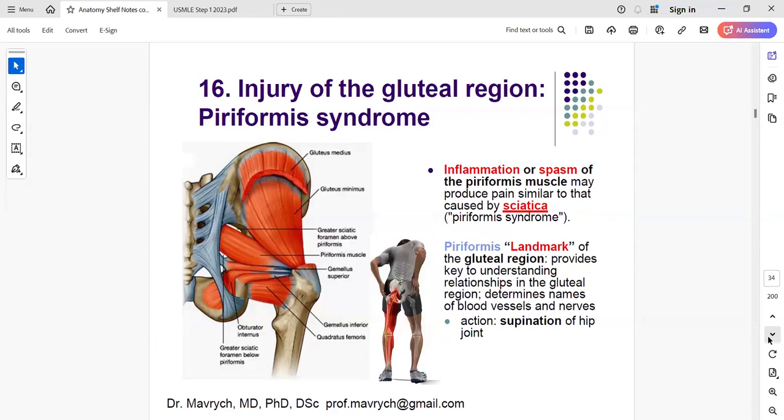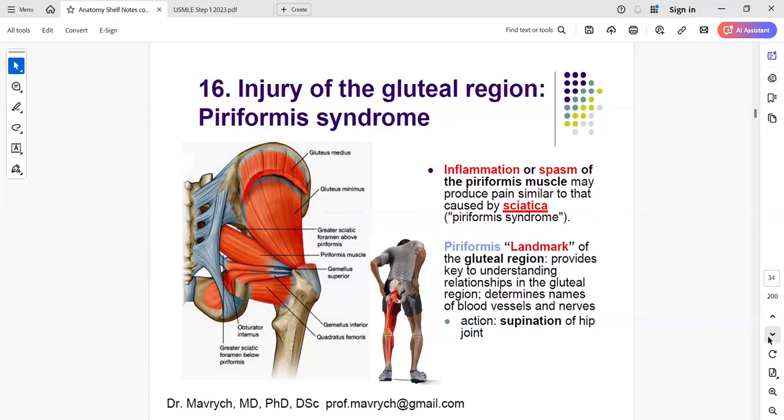Gluteal region, I don't usually go into the detail of it, but one important thing about sciatica: if there's inflammation or spasm of the piriformis muscle, it could be very similar to the pain of sciatica, and the patient would be confused as to what's going on. The patient would come to you with this pain, and the landmark would be the gluteal region.